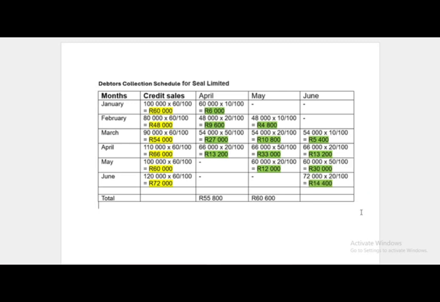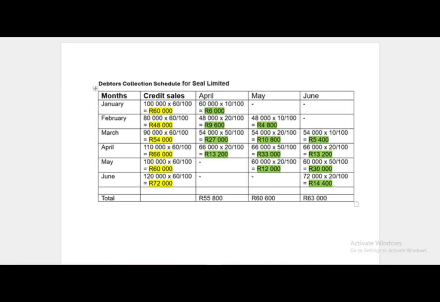Right, let's put that on the calculator and see how much is the total for June. 5,400 plus 13,200 plus 30,000 plus 14,400. And I'm getting 63,000, right? 63,000.